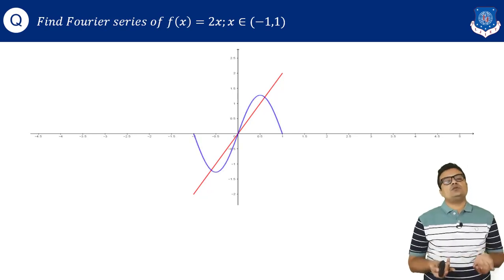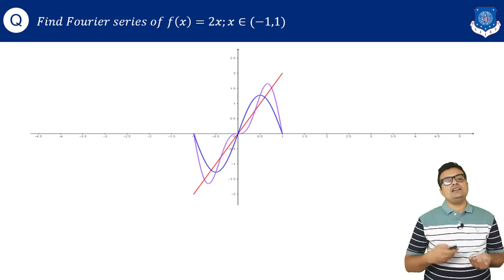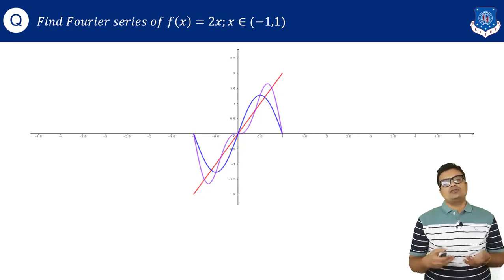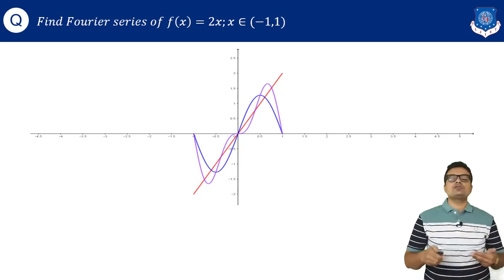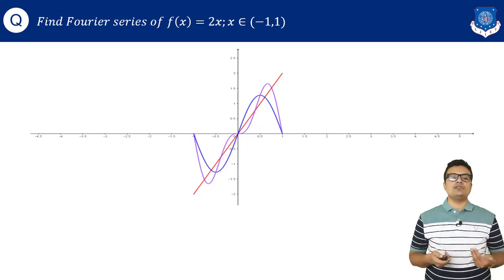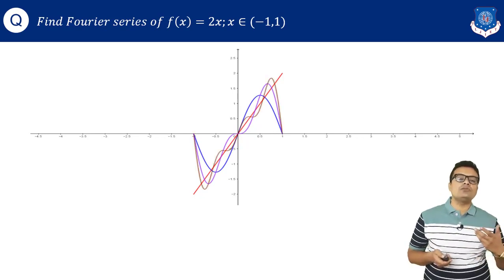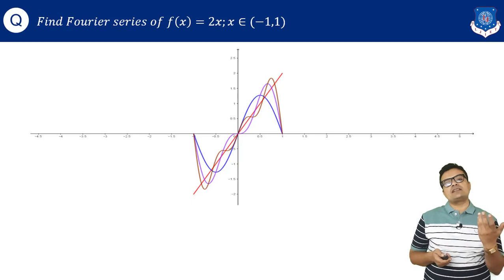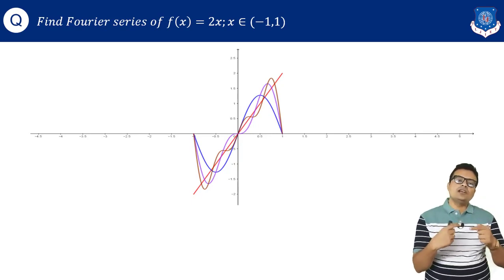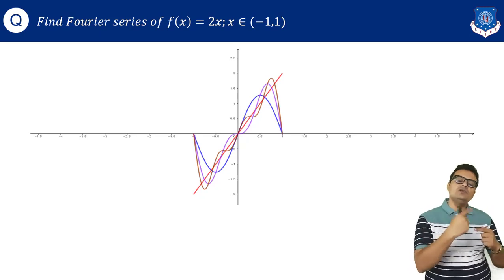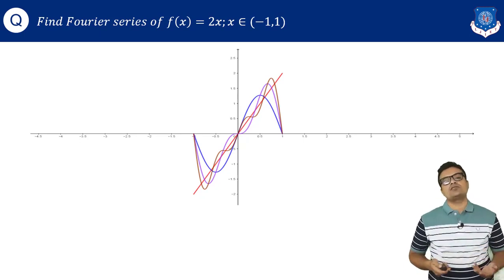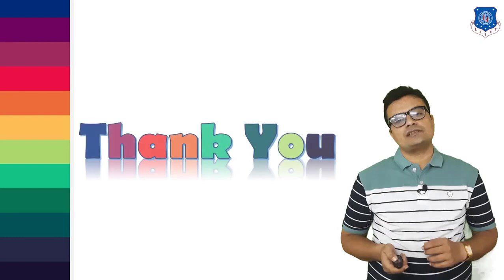If I take the first approximation, it is nothing but a sine graph. Then I increase the value of n. So term by term I am adding more and more sine graphs into this calculation, and ultimately if you take infinitely many such values of n, your fluctuations will increase and it will move around that line passing through the origin given by 2x.